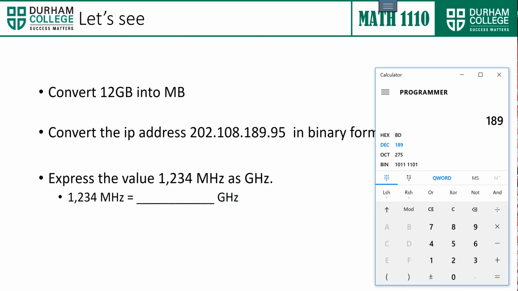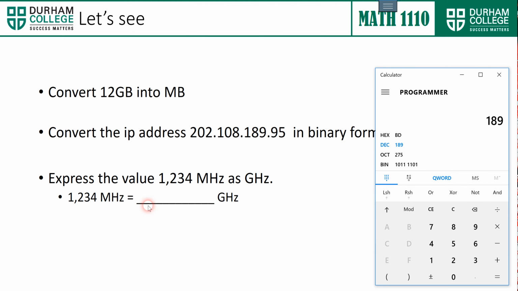We just have different units to work with: one is about speed, the other is about memory. So I have to think about it in exactly the same way. I've been given it in megahertz, and I have to convert it into gigahertz. How many megahertz are there in a gigahertz? There are 1,000 megahertz in a gigahertz.